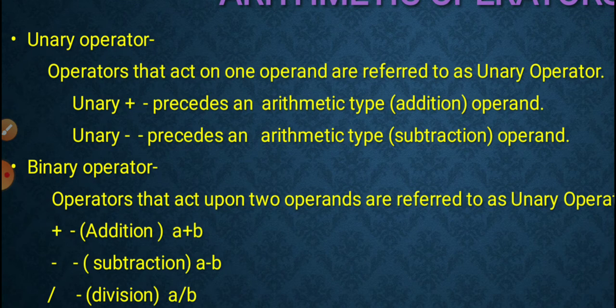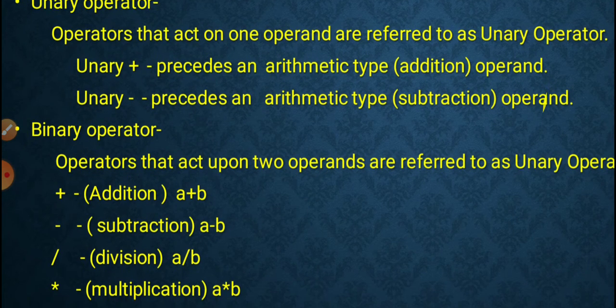For example, unary plus or unary minus. Unary minus precedes an arithmetic type operand. Both precede an arithmetic type operand. For the positive number we use plus, for the negative we use minus.